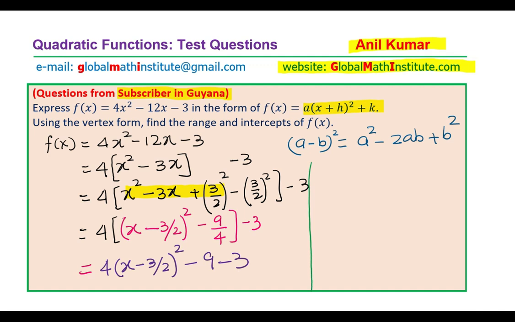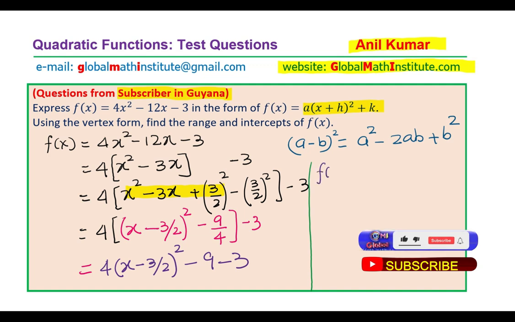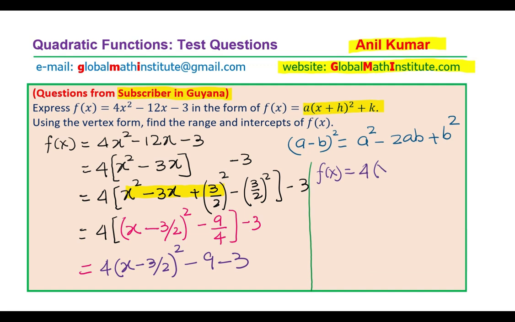So what we get here as our function f of x equals 4 times x minus 3 by 2 whole square minus 12. So that is how we are going to write the form.